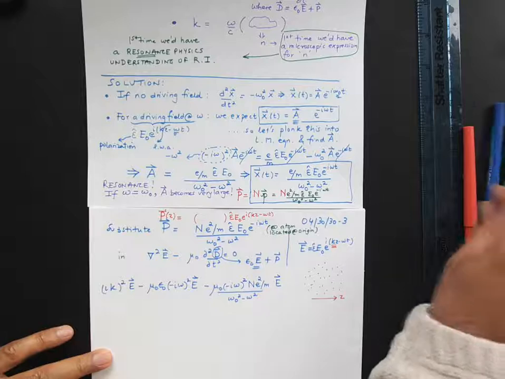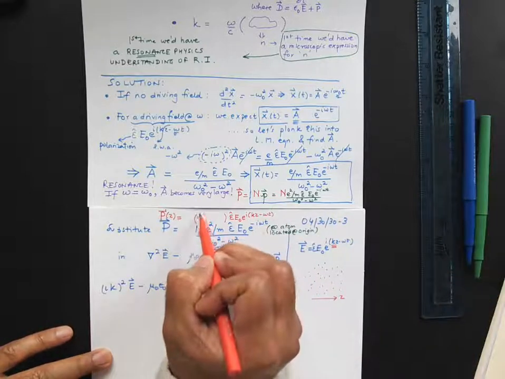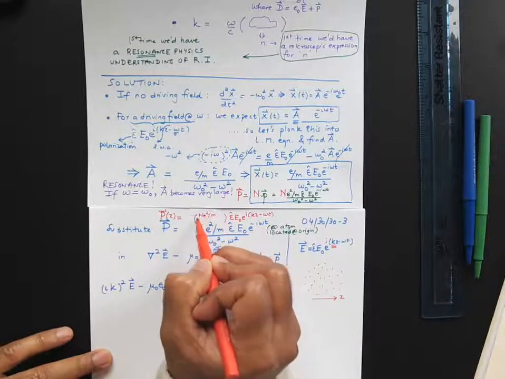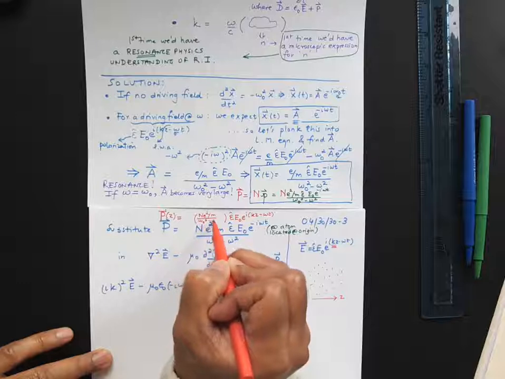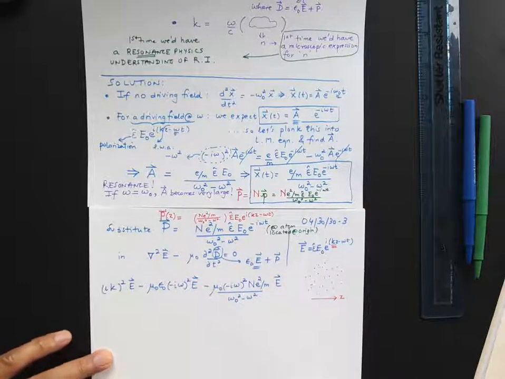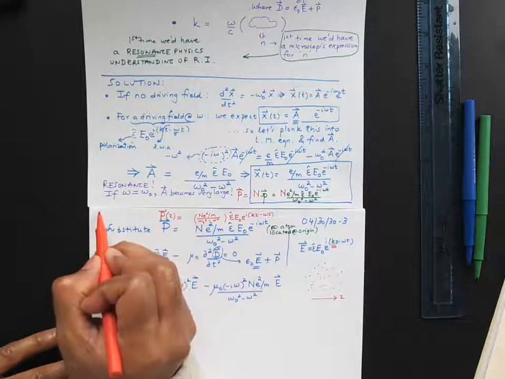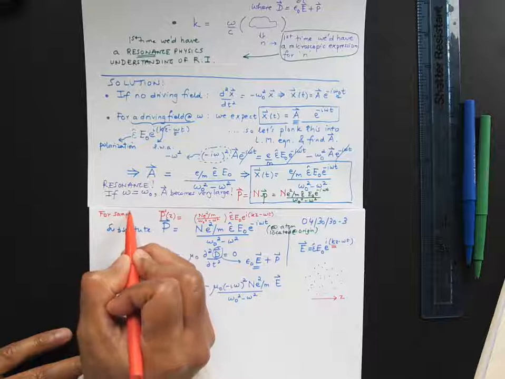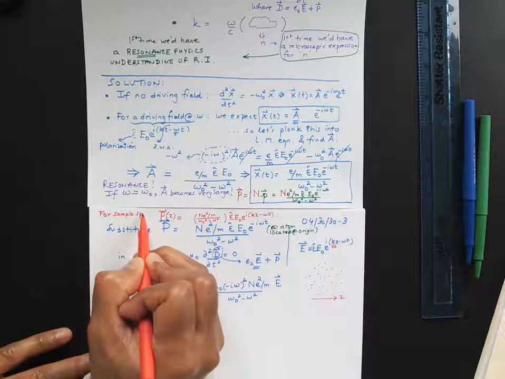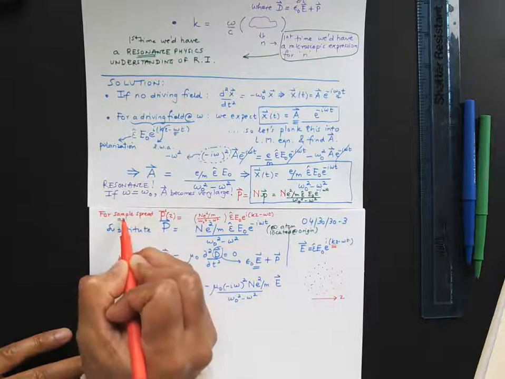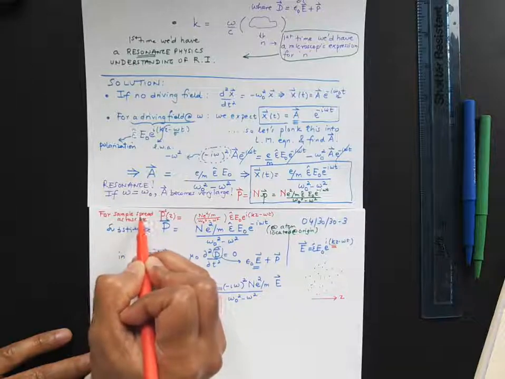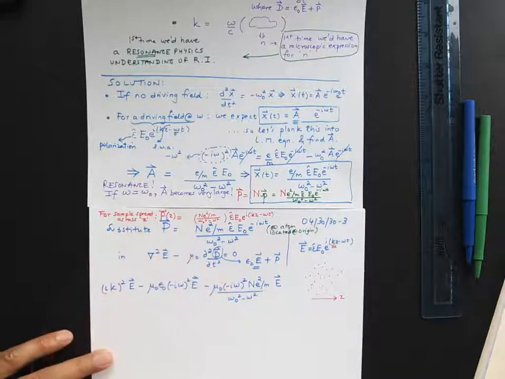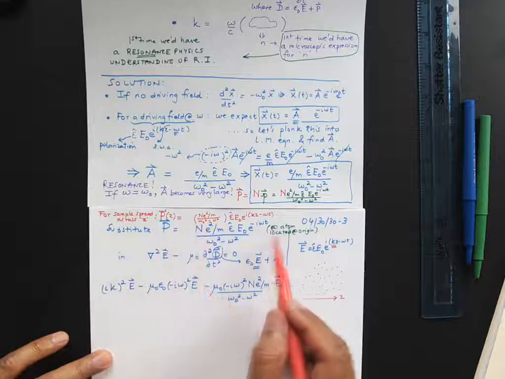So this is N e squared over m divided by omega naught squared minus omega squared. This is for a sample spread across z, and this was for an atom located at the origin.